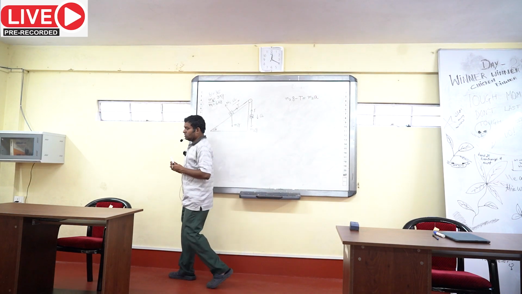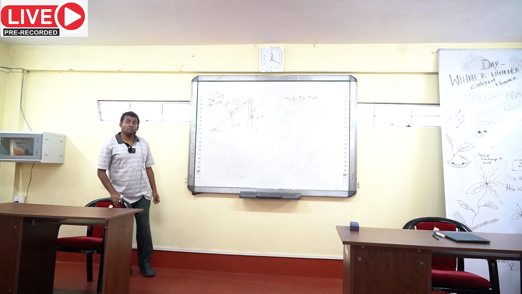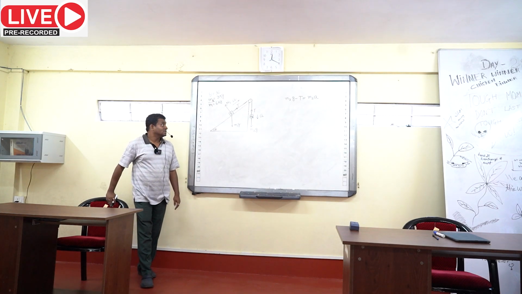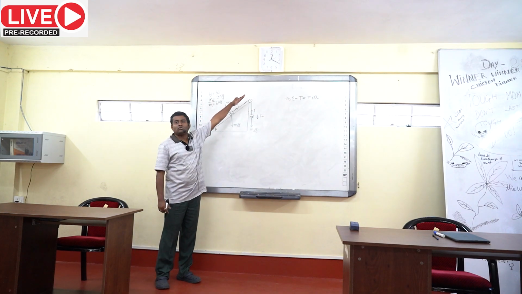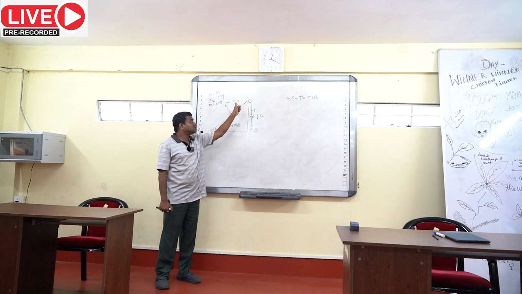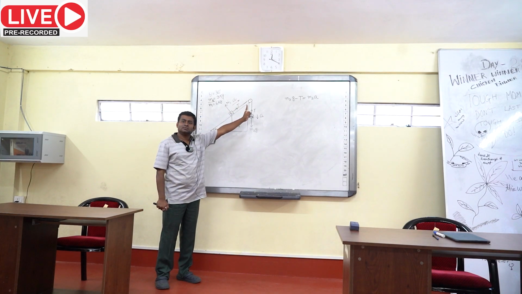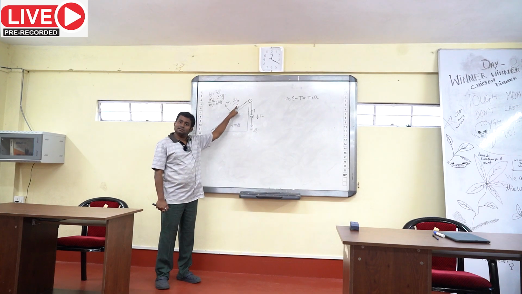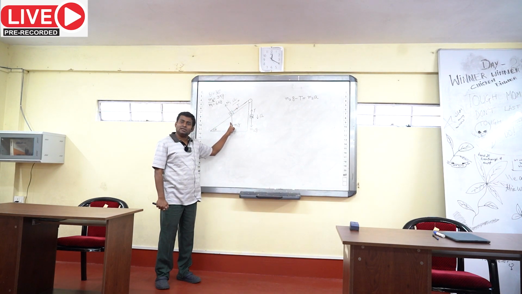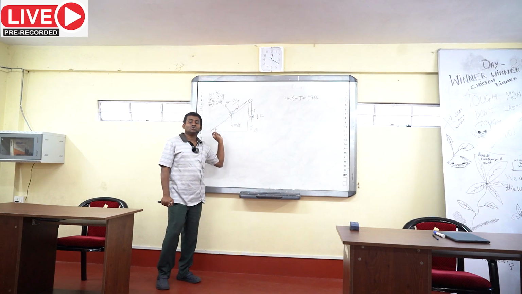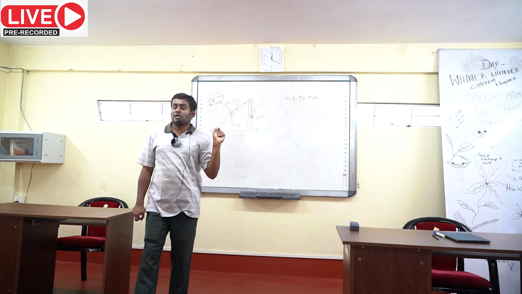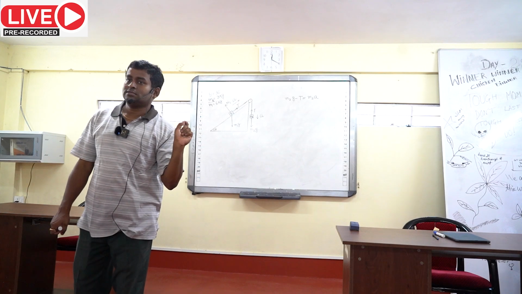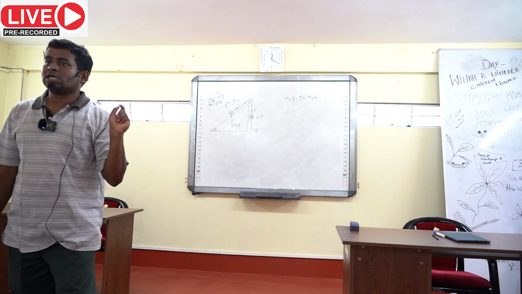Now, what about M1? See, acceleration is along the incline, upward. Which force is along the incline? Only T. The other two forces are not along the incline. So, do they have any effect on the acceleration?